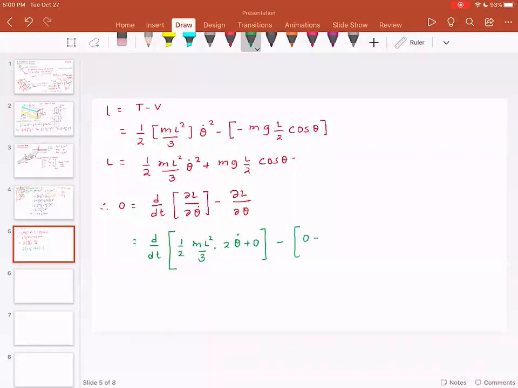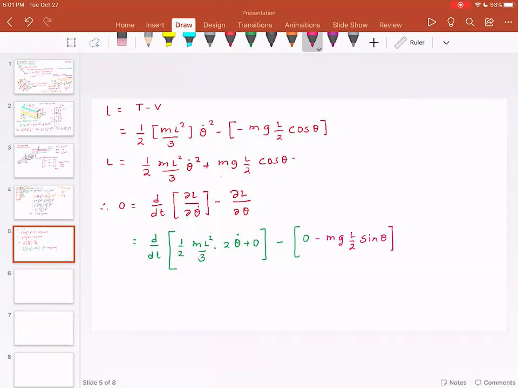So the first term is going to be 0 plus m g L by 2, derivative of cosine theta is minus sine theta. So this is going to be minus m g L by 2 sine of theta.